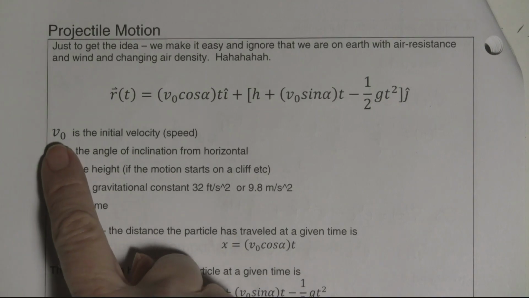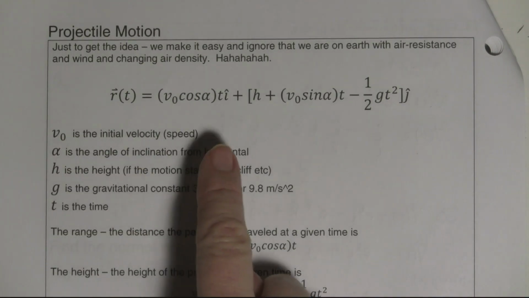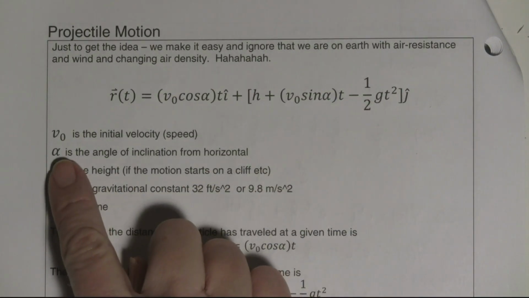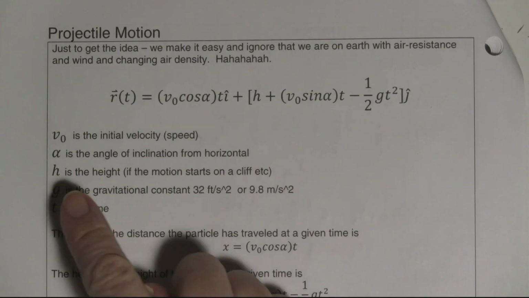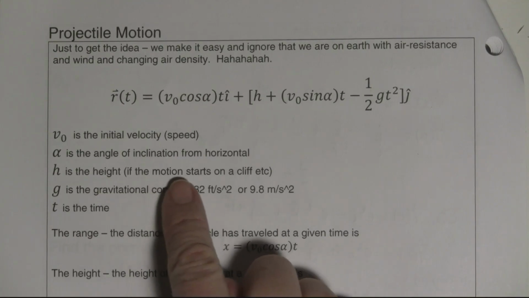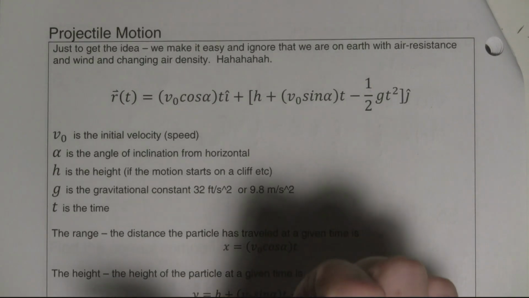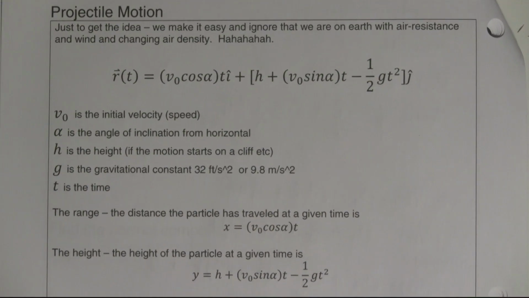And they say where v naught is the initial velocity, which would be speed. Alpha is the angle of inclination from horizontal. H is the height if the motion starts on a cliff, etc. If it starts on the ground, then 0.